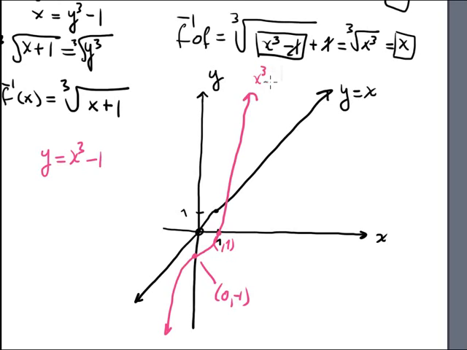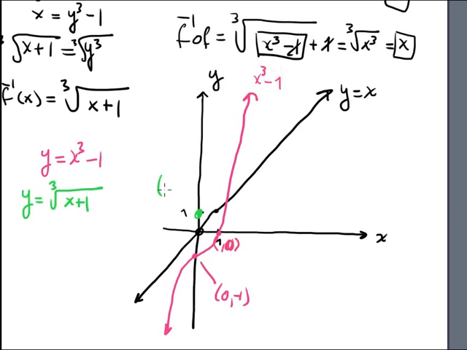Okay, minus 1. Now green. This point would be (1, 0), and when you're switching x and y it would be (0, 1), here in green. So the green, which is the inverse, is the cubic root of x plus 1.